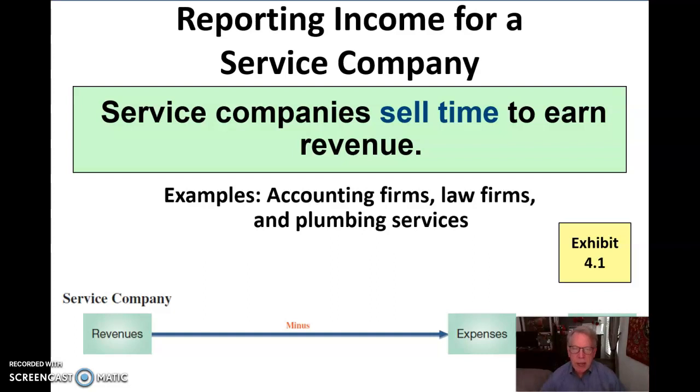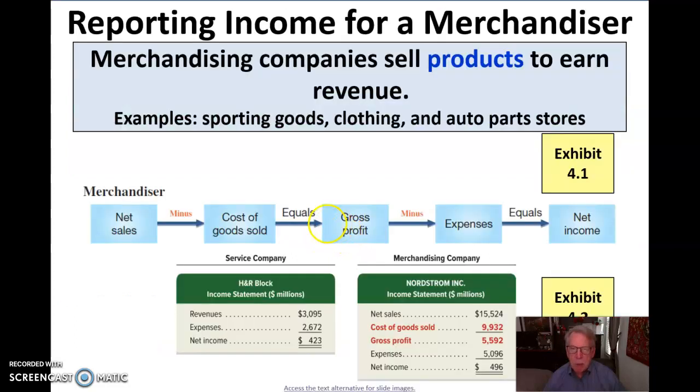So in this case, they're not going to have any inventories. When we go to the merchandising companies, they have one kind of inventory, and that's merchandising inventory. So that's the products that they buy from manufacturers and they put on their shelves, and then we go in as patrons and customers and purchase those.